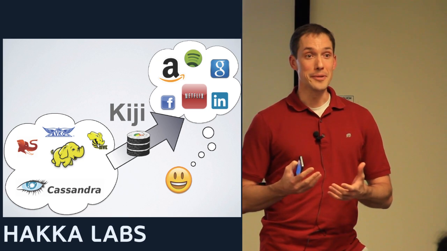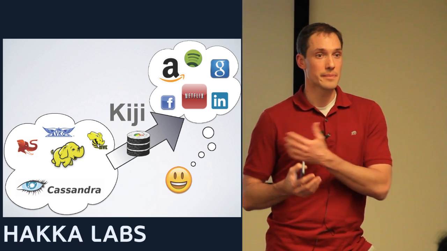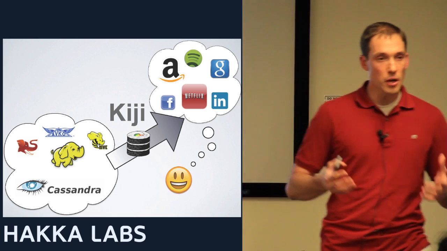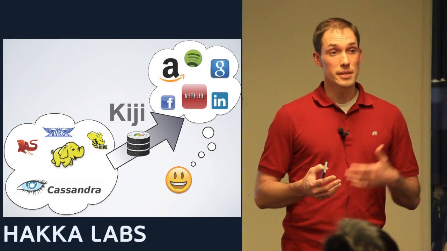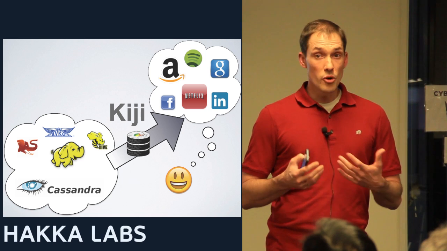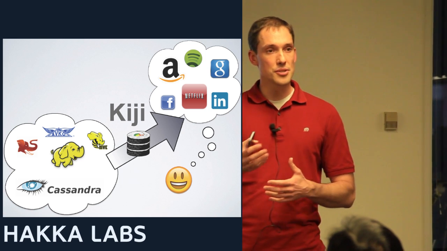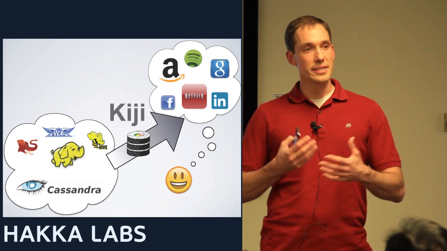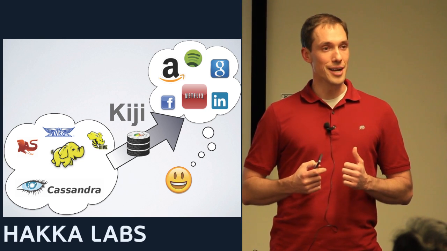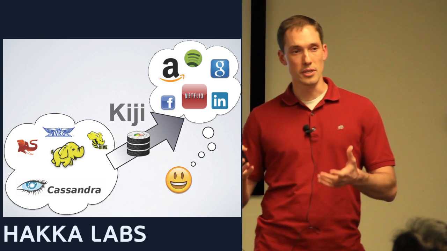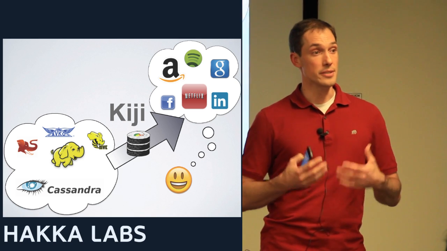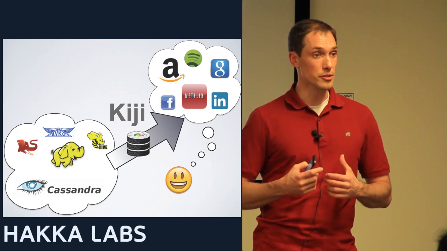With this in mind, we've developed the Kiji Project with the idea that it should help all of us as Cassandra developers more easily build these kinds of applications, get a head start and avoid reinventing the wheel with a lot of this functionality, and instead focus more on what differentiates our application and makes it special.